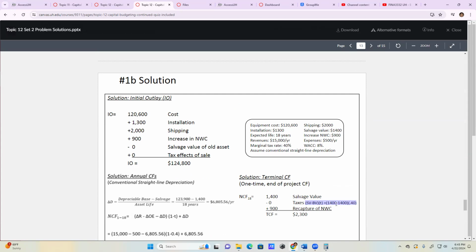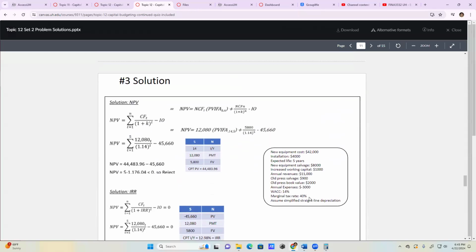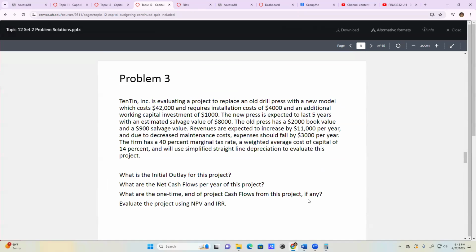Salvage value minus book value. Okay, hey guys, I think there's some tricky terminology here that they're using. I'm just noticing it too.